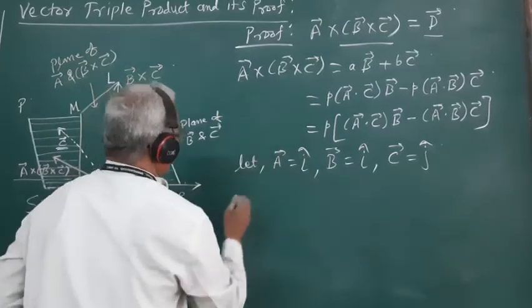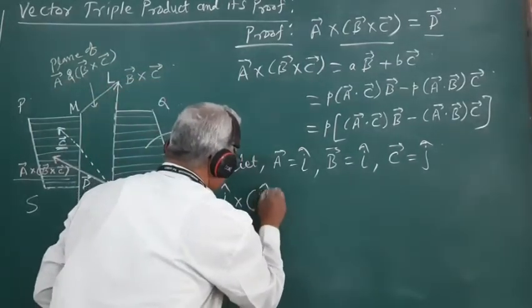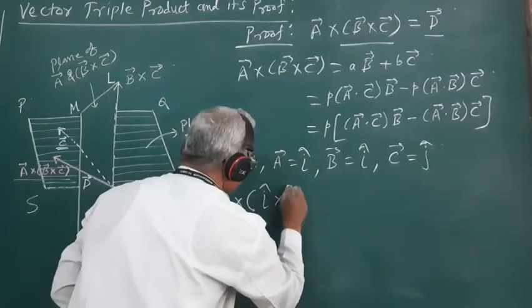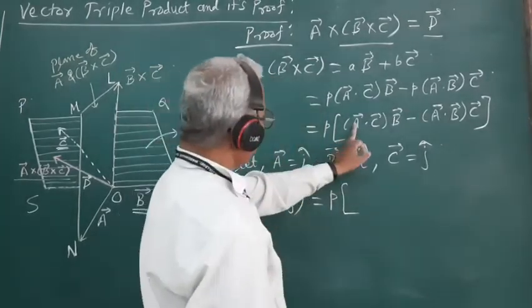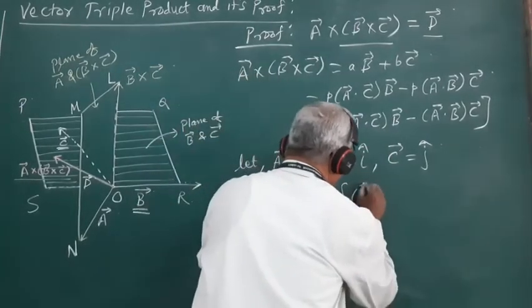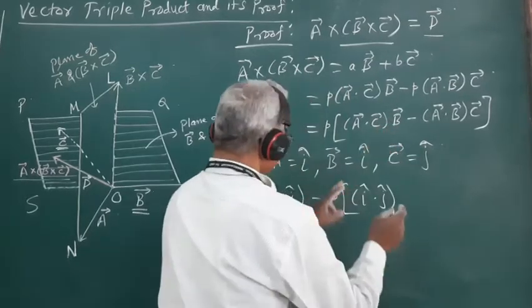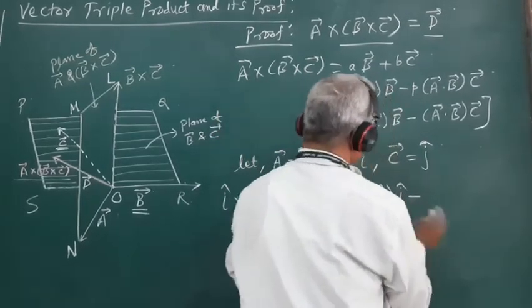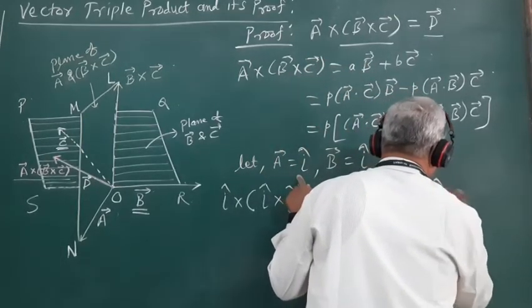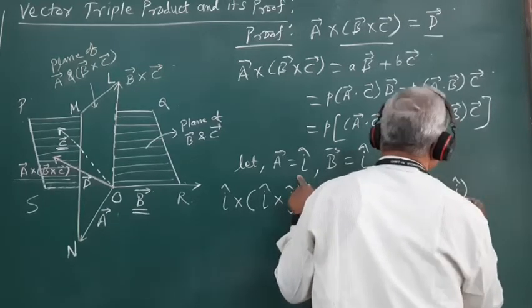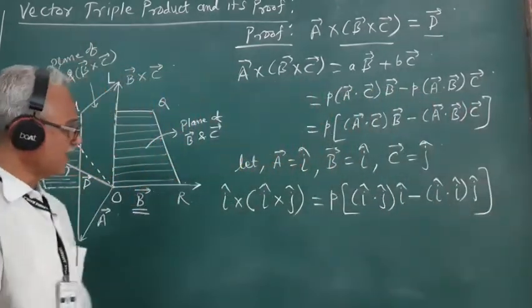A bar is replaced by I cap, so it is I cap cross B, which is I cap, cross C, which is J cap, equal to P into bracket A dot C, where A is I cap and C is J cap, into B, which is I cap, minus A bar dot B bar, where A is I cap dot B is again I cap, into C bar which is J cap.